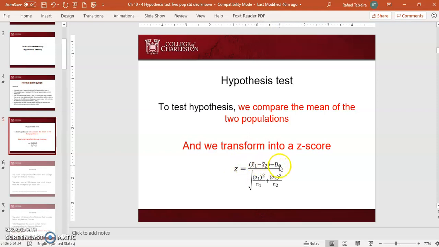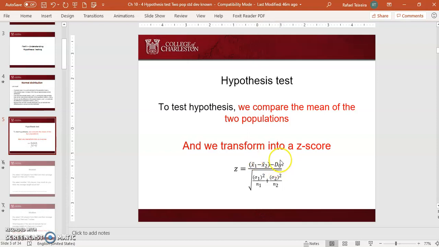In this case, we have another term here, which is the hypothesized difference. This hypothesized difference for this class will always be 0. This is here just for you to understand that we're comparing a difference between two populations using samples and comparing to a hypothesized difference. In our case, this is always 0.